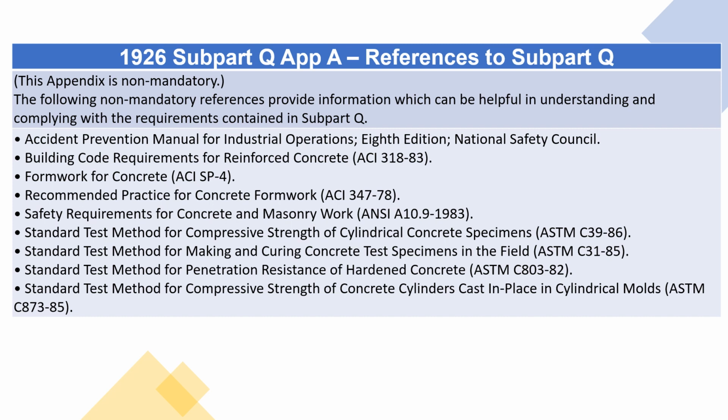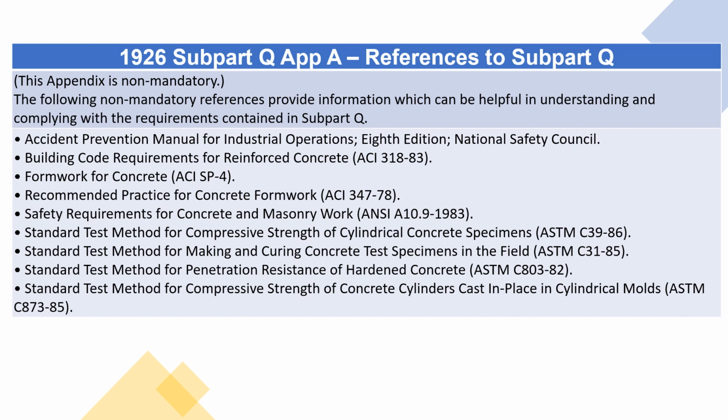347-78. Safety Requirements for Concrete and Masonry Work, ANSI 10.9-1983. Standard Test Method for Compressive Strength of Cylindrical Concrete Specimens, ASTM C39-86. Standard Test Method for Making and Curing Concrete Test Specimens in the Field, ASTM C31-85.